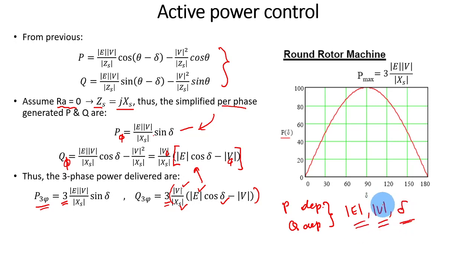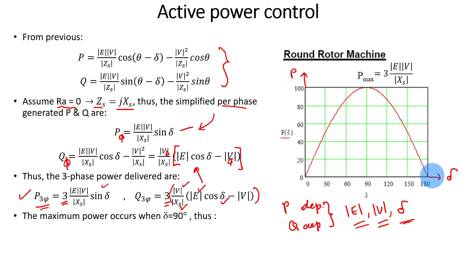All right, so let's take a look only at the real power, for the 3-phase power. If you plot this graph on the plane of power versus angle delta, you will have a hill-shaped curve.